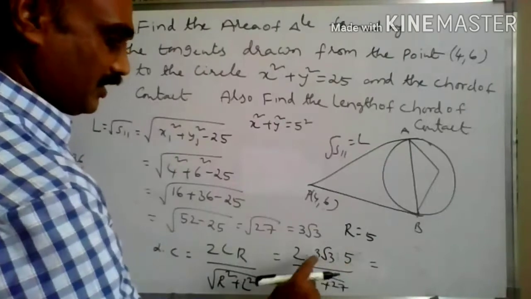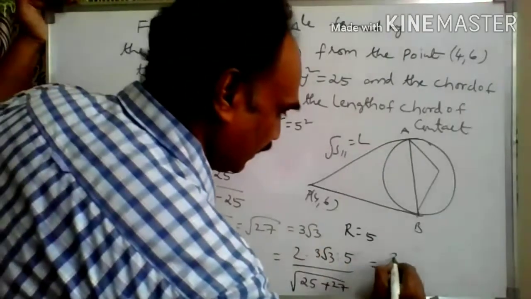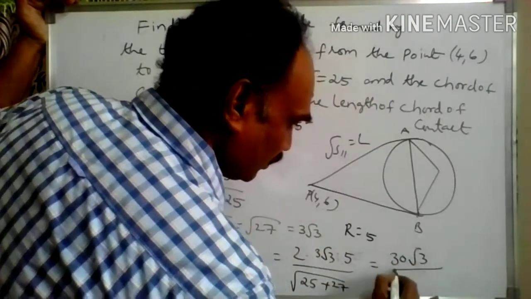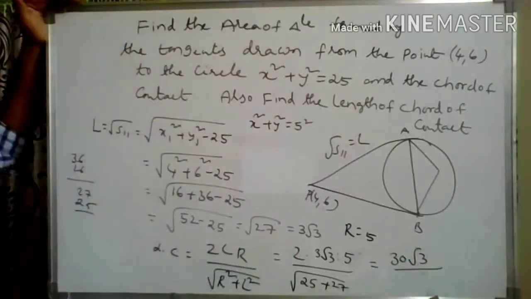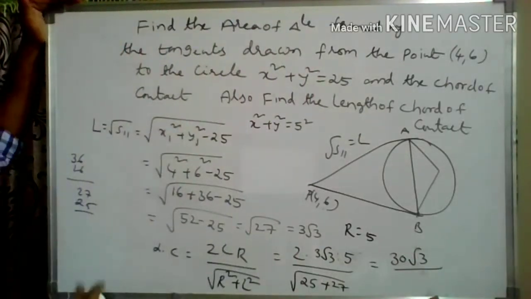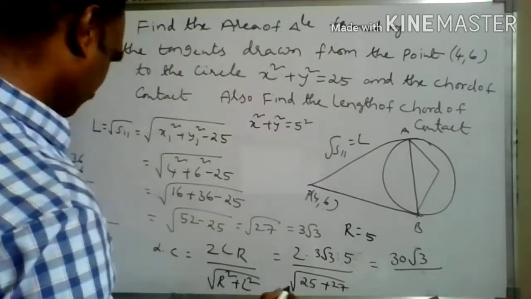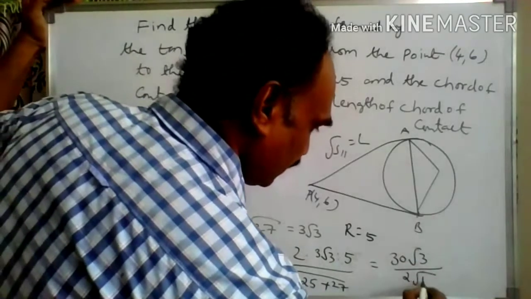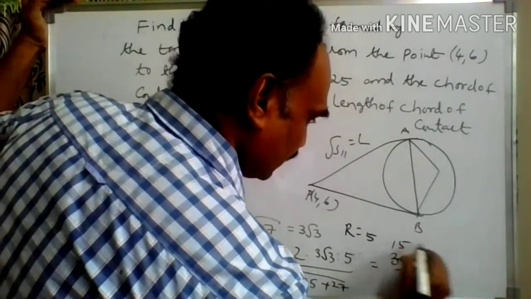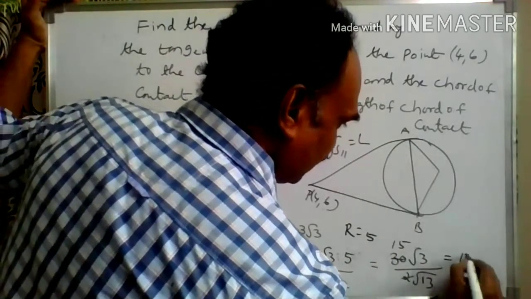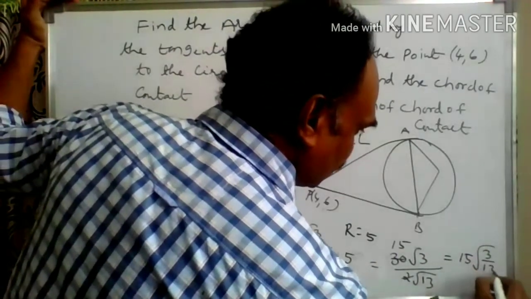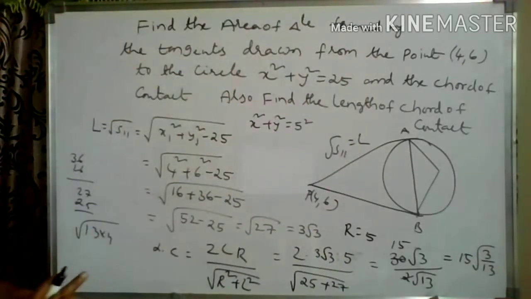So 5 into 3 is 15, 15 into 2 is 30 root 3, by 27 plus 25, 52. 52 is equal to 13 into 4, so that is 2 root 13. So 30 root 3 by 2 root 13. The answer is 15 into root of 3 by root 13.